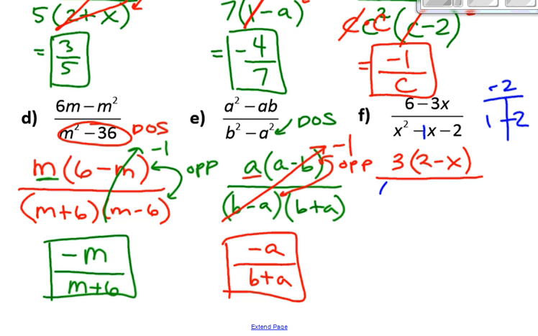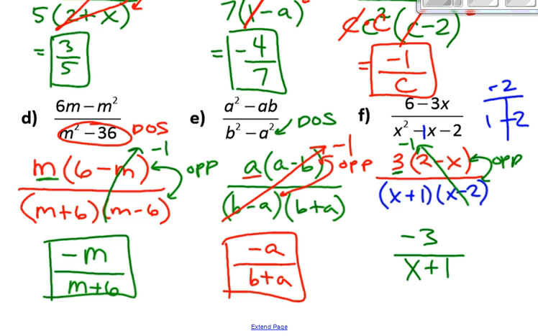So my denominator is x plus 1 times x minus 2. And notice we have, again, opposites. So when we have opposites, when those cancel, they make negative 1. So negative 1 times 3 is negative 3 divided by x plus 1. Okay? And that is simplifying rational expressions.